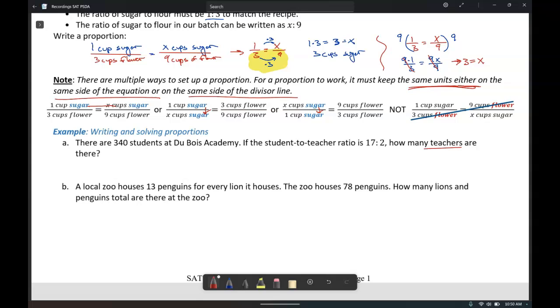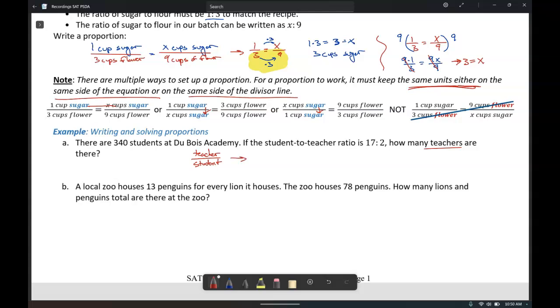Generally, the easiest thing to do when solving is set the unknown quantity on the top. Since we're solving for teachers, let's write it as a teacher to student ratio. It makes solving significantly easier if we do a teacher to student ratio, the unknown quantity on the top.